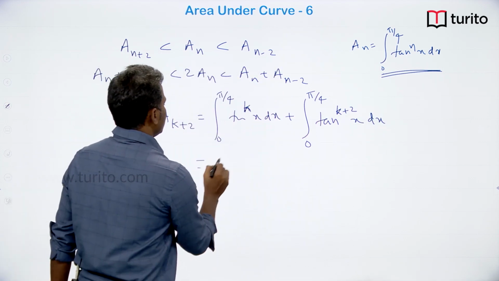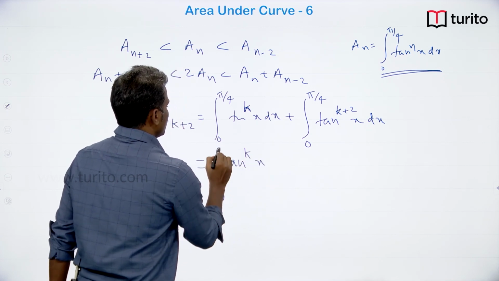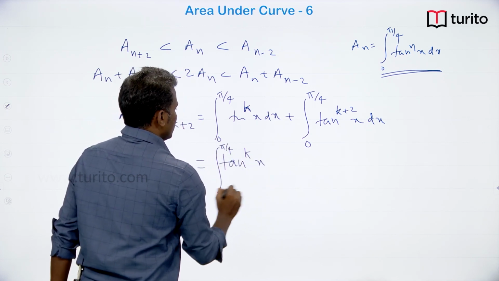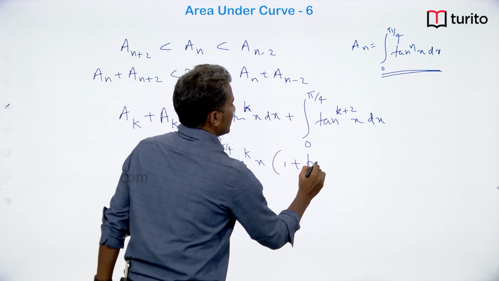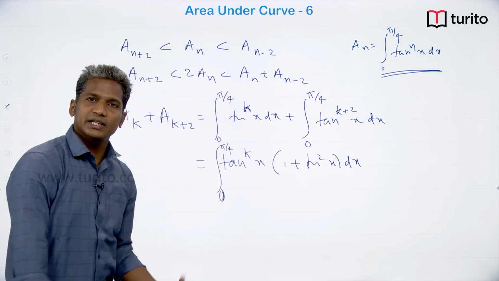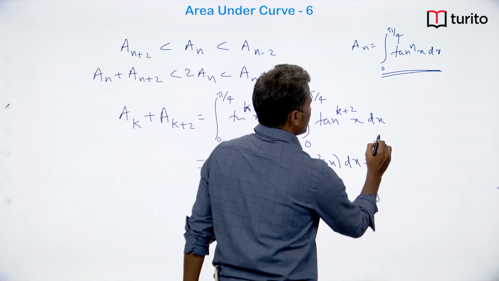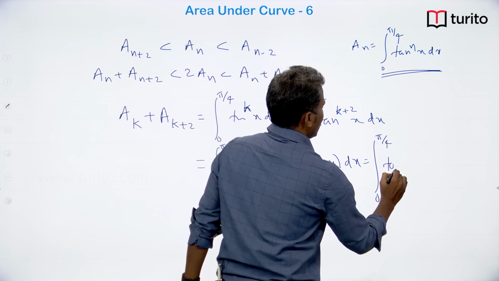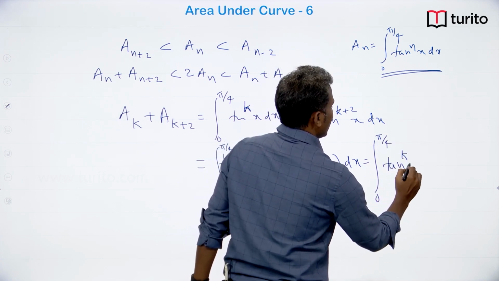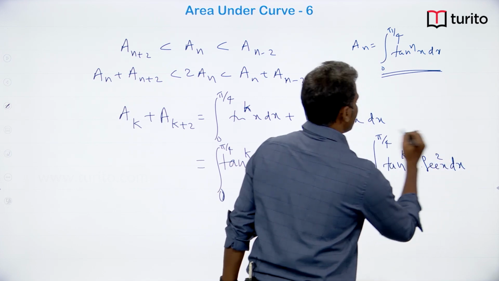Now, if I take tan raised to k x common, inside I will get 1 plus tan square x dx, and we know that 1 plus tan square is basically sec square x. So, it is going to be integral 0 to pi by 4 tan raised to k x into sec square x dx.